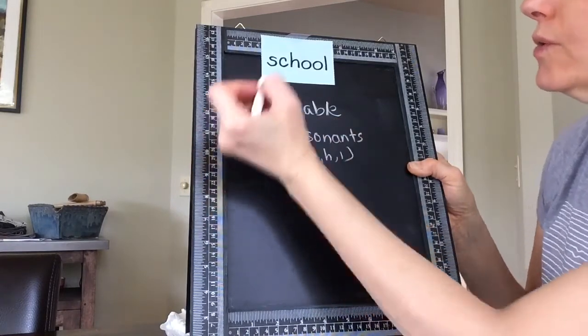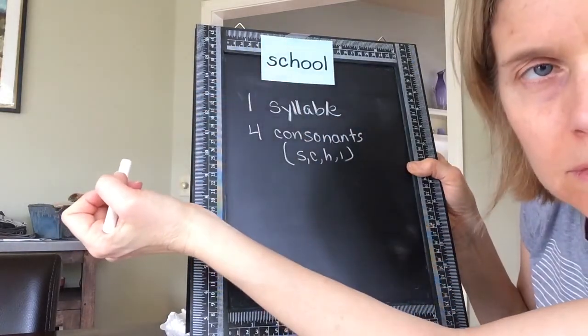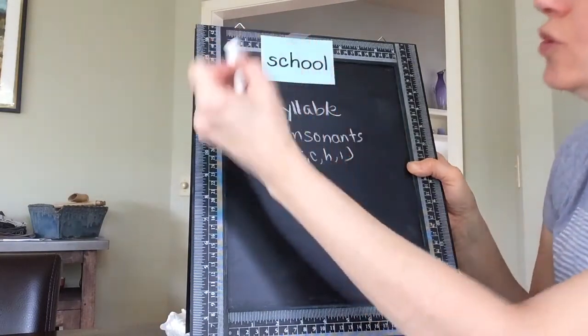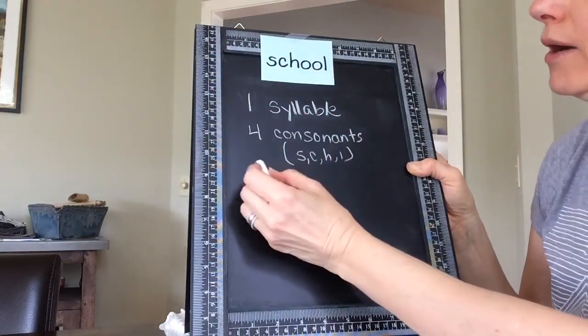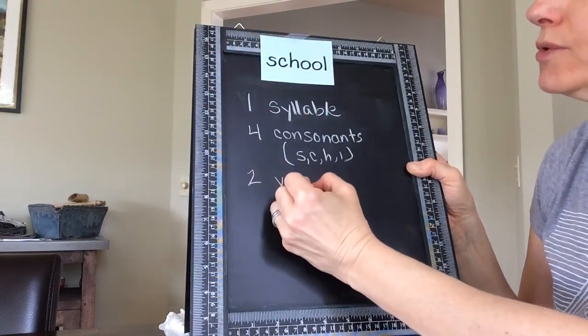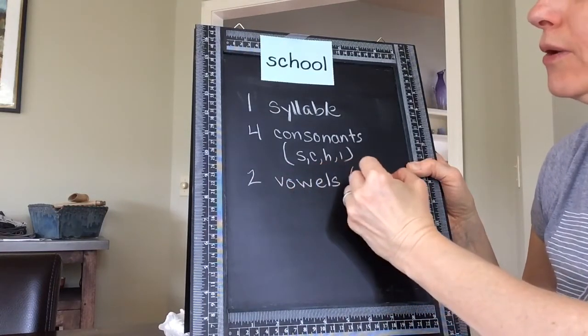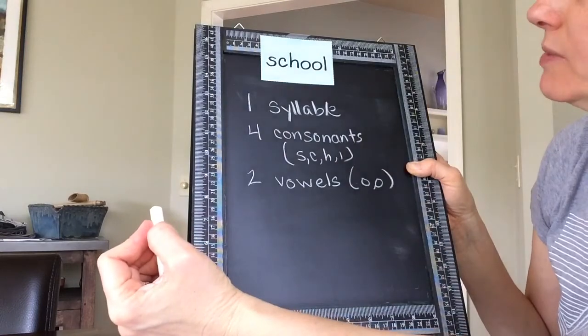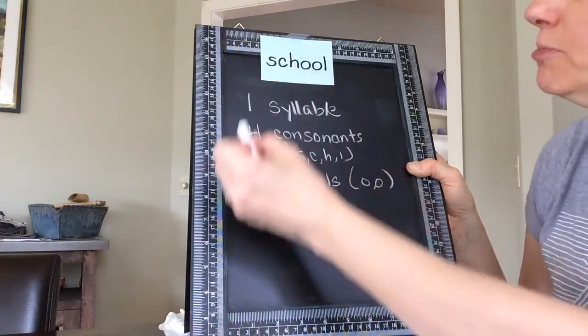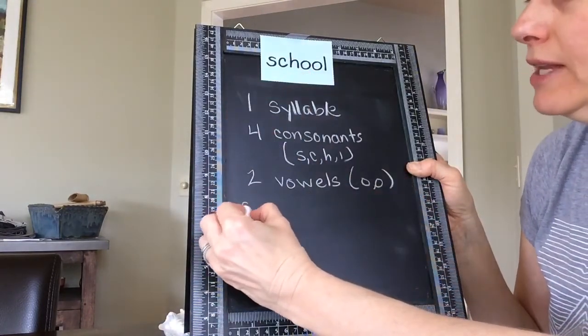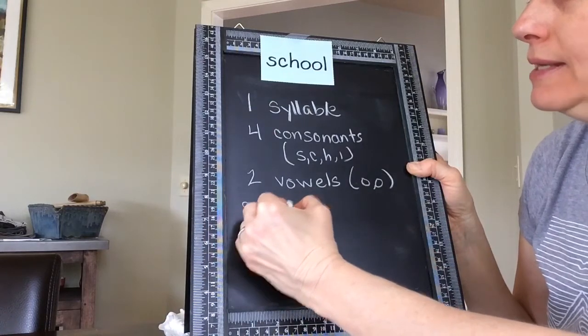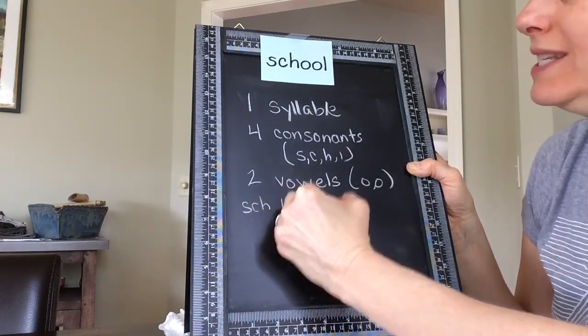How many vowels? What's left? That's right. We've got 2 O's. So 2 vowels. O and O. Okay. And what else could we say about this? We have a CH blend. We have an SCH blend. Let's write that. Blend. We have a vowel team.